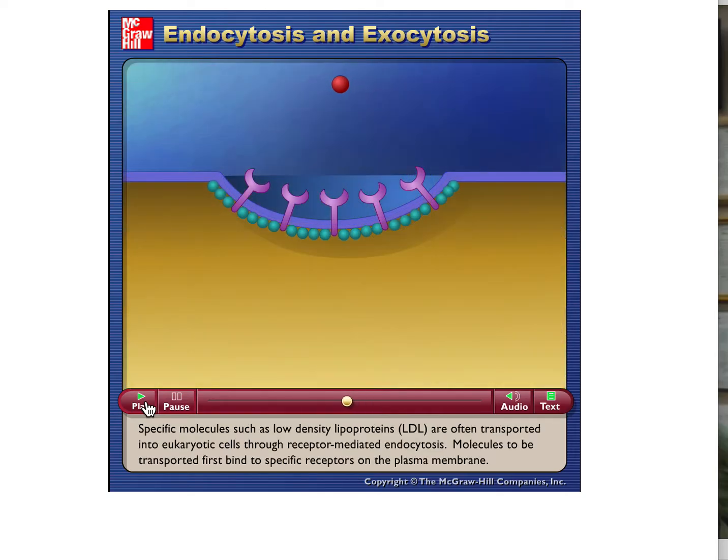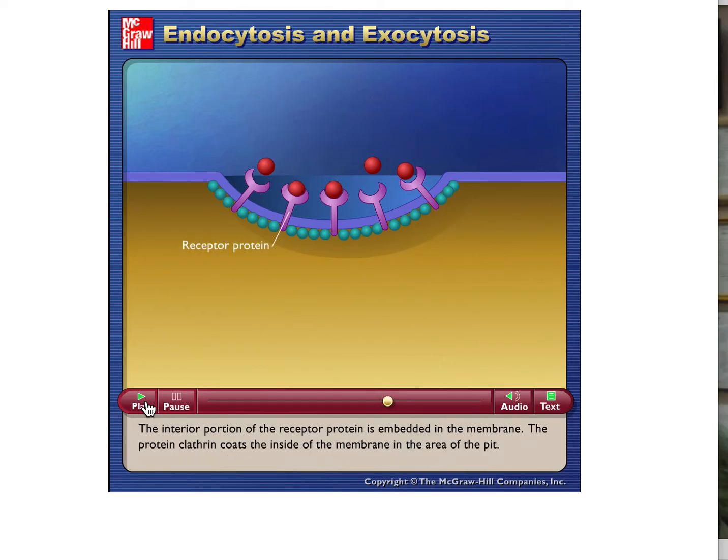Specific molecules, such as low-density lipoproteins, LDL, are often transported into eukaryotic cells through receptor-mediated endocytosis. Molecules to be transported first bind to specific receptors on the plasma membrane. The interior portion of the receptor protein is embedded in the membrane. The protein clathrin coats the inside of the membrane in the area of the pit.